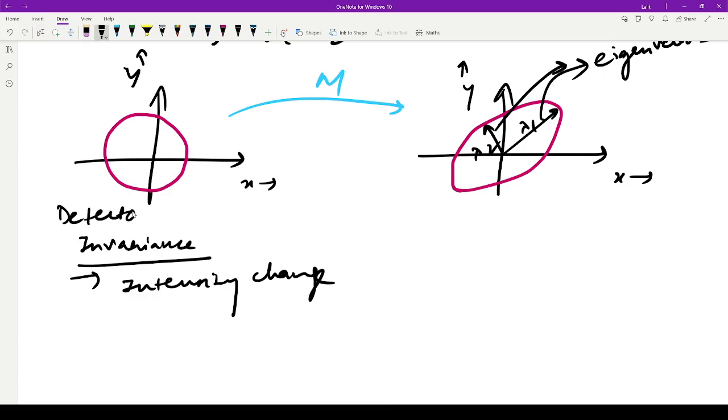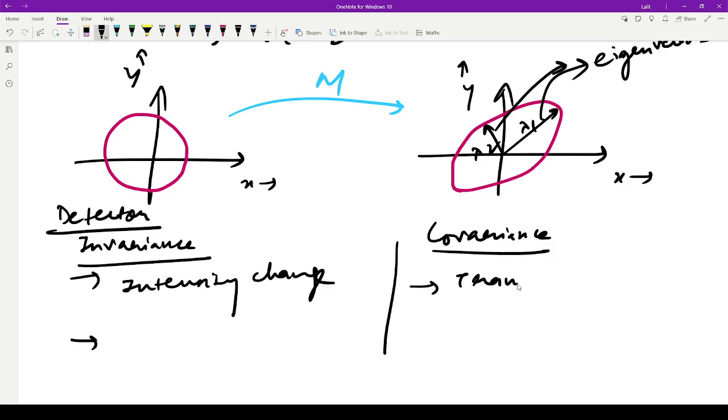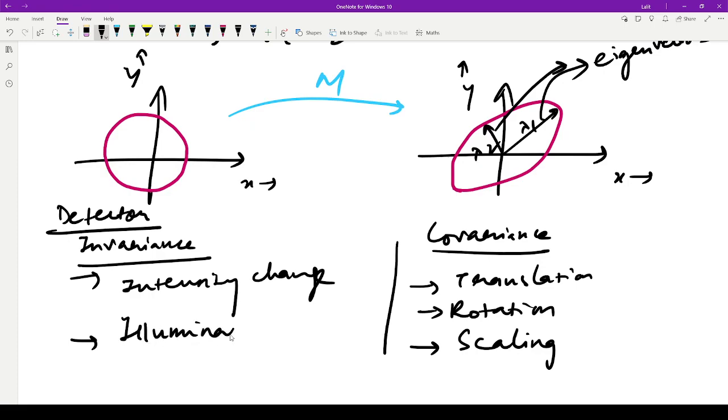Once we define a detector, we want these properties: invariance or rather covariance to translation, rotation, and scaling. Intensity, illumination, color, all these lie under the invariance part.